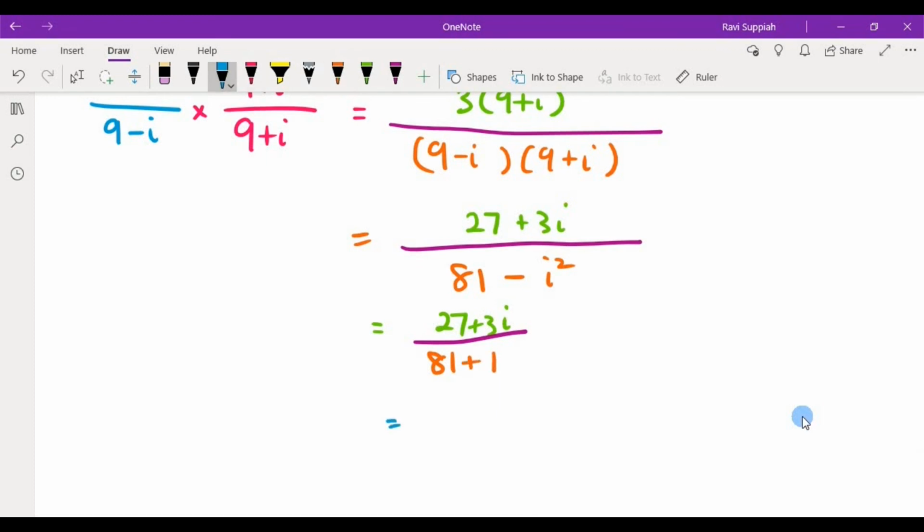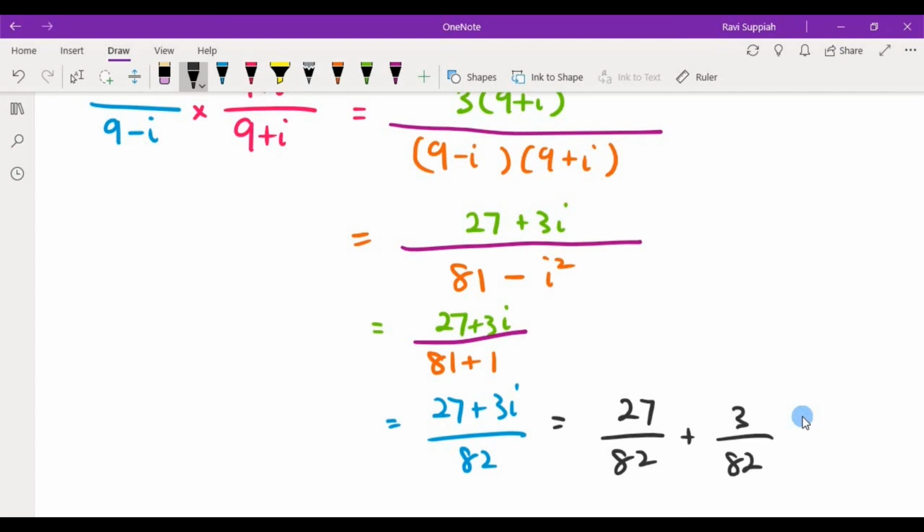So it equals 27 plus 3i over 82, which is written as 27 over 82 plus 3 over 82 i. That is the final answer for this complex number division.